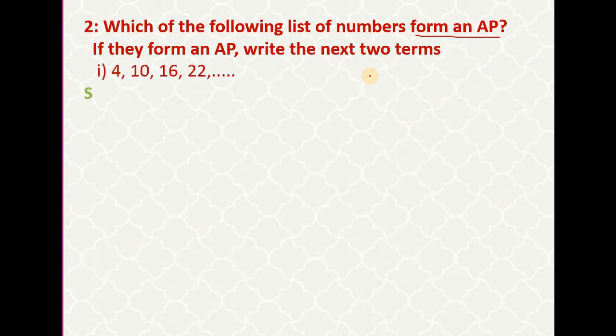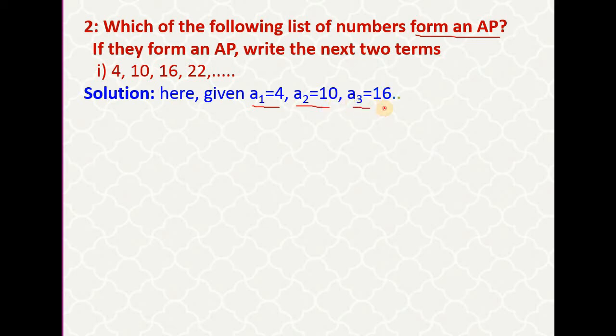First problem: 4, 10, 16, 22. In this arithmetic progression, a1 is equal to 4, the second term a2 is equal to 10, the third term a3 is equal to 16, and the fourth term is 22.